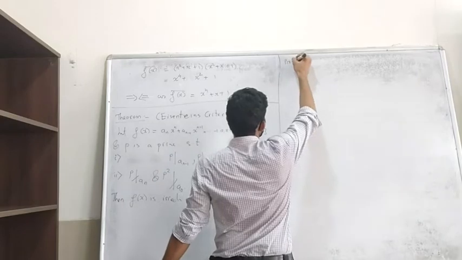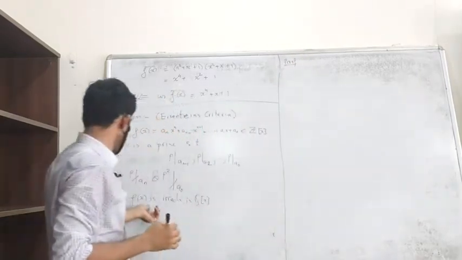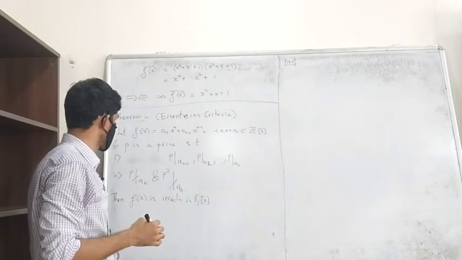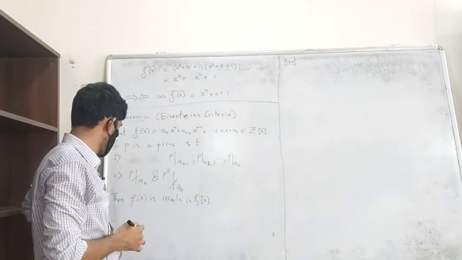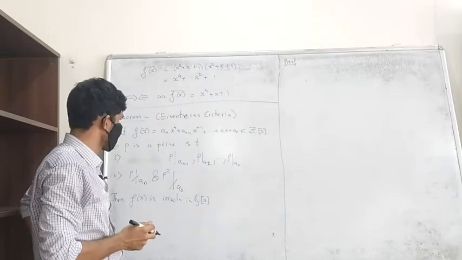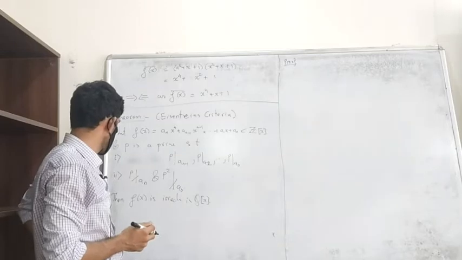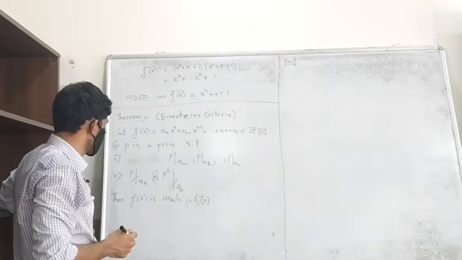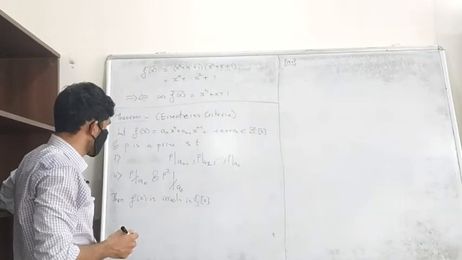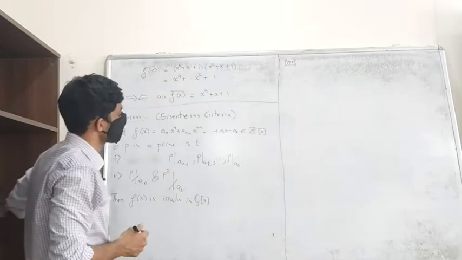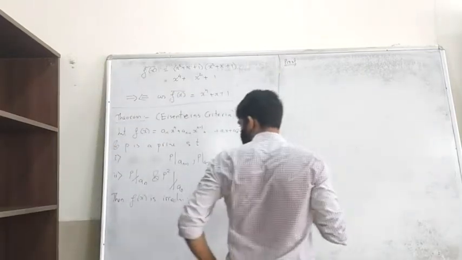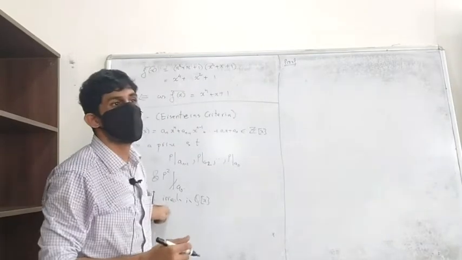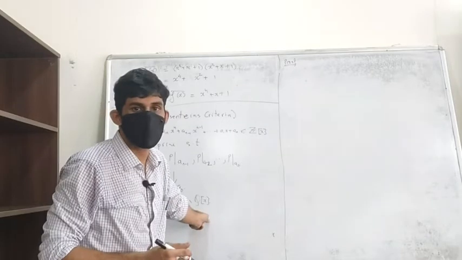So for the proof we are going to do the same. We assume that f of x is reducible in Q x and get a contradiction.